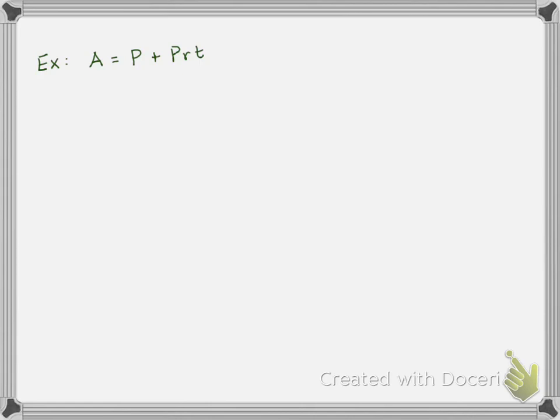We want to solve this for P. So our goal is to get P by itself. The thing that presents a problem is that I have more than one term that contains P. You have to be a little bit careful with these problems because it can be easy to say, oh, if I subtracted PRT from both sides, that would get P alone, which is true, it would.